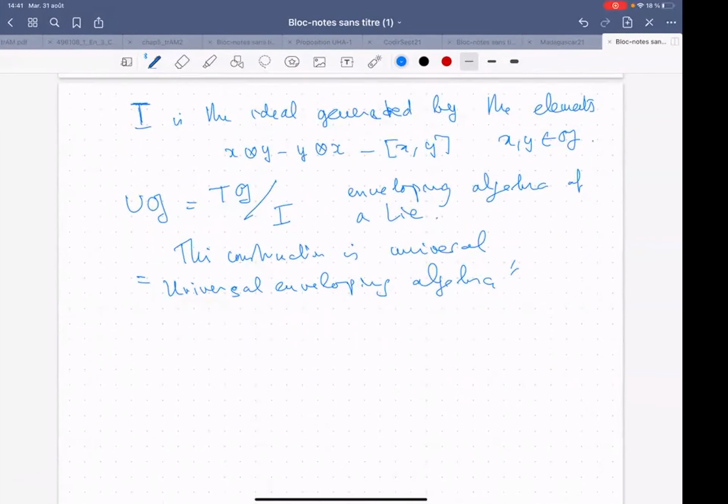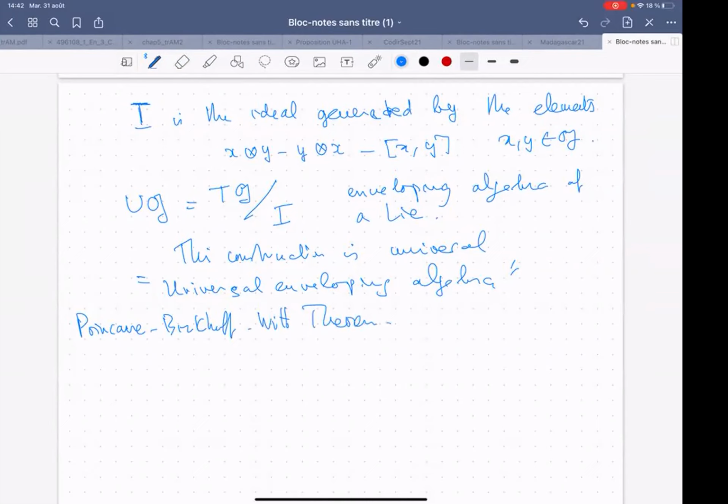But it turns out that if you take ordered monomials, this is enough to generate the whole algebra, and this is known as the Poincaré-Birkhoff-Witt theorem.